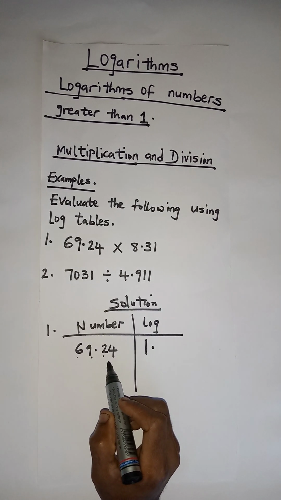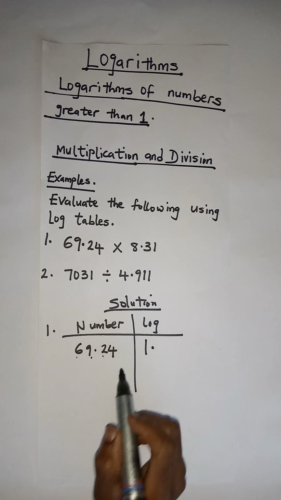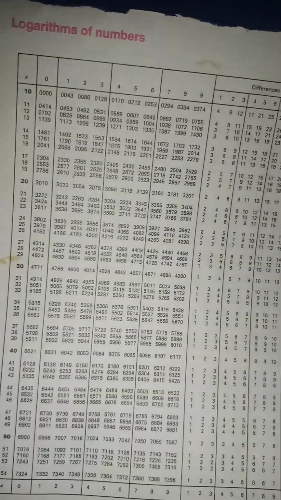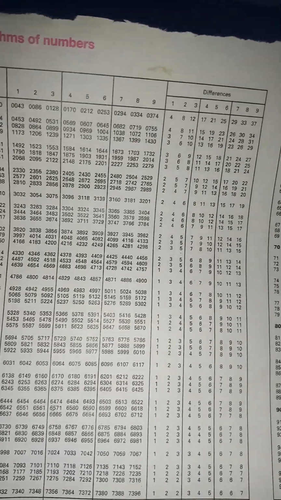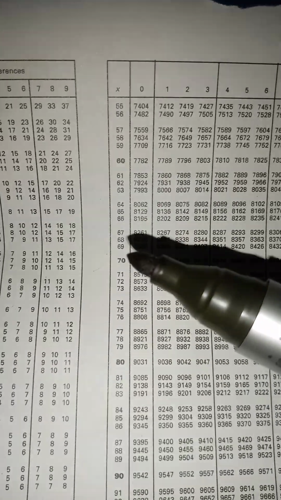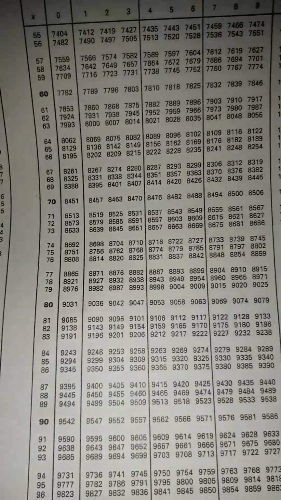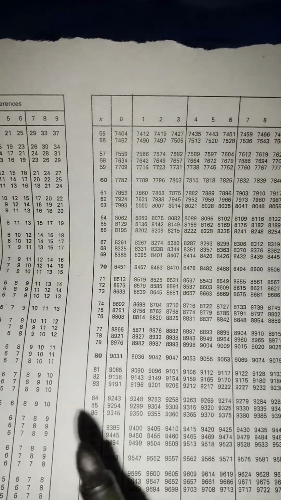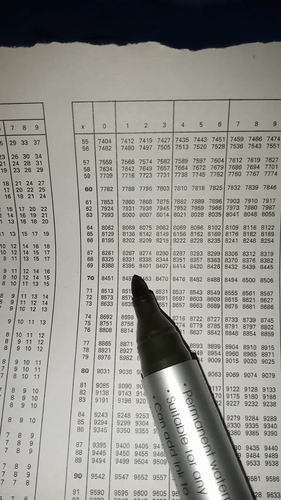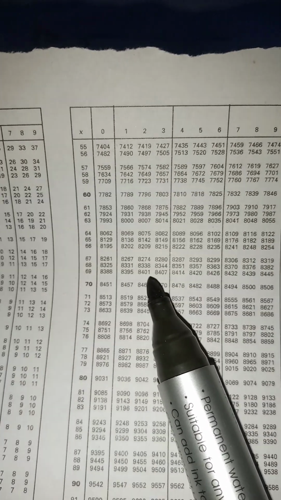All right, let me bring out my logarithm table and show you how it is done. All right, this is my logarithm table. So let's check out the logarithm of 69. Here we have 69 under 2. 69 under 2 is 8401.